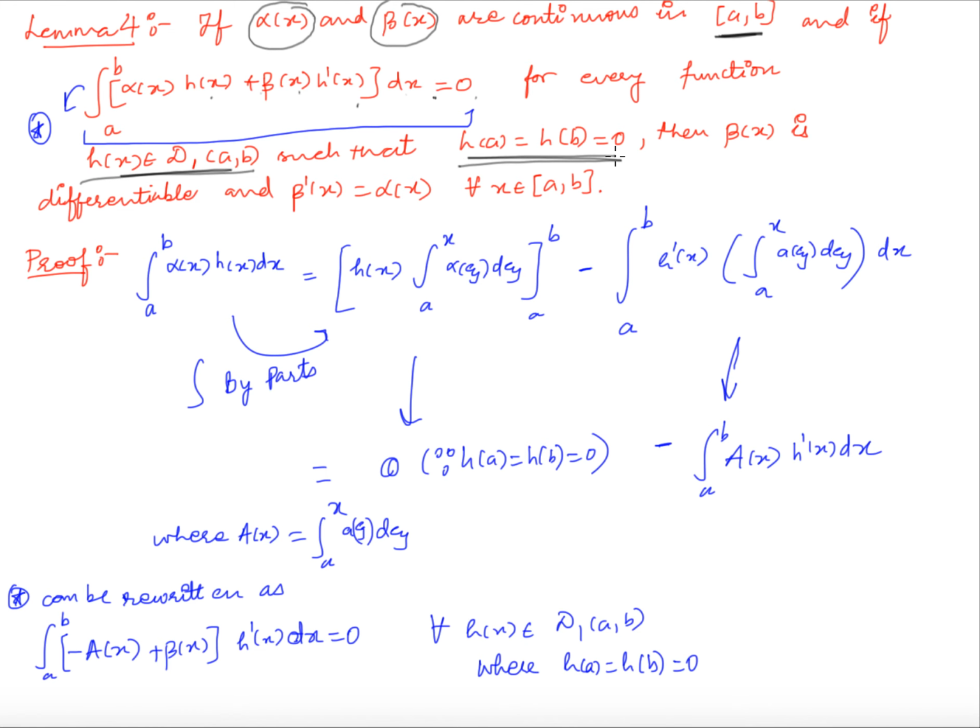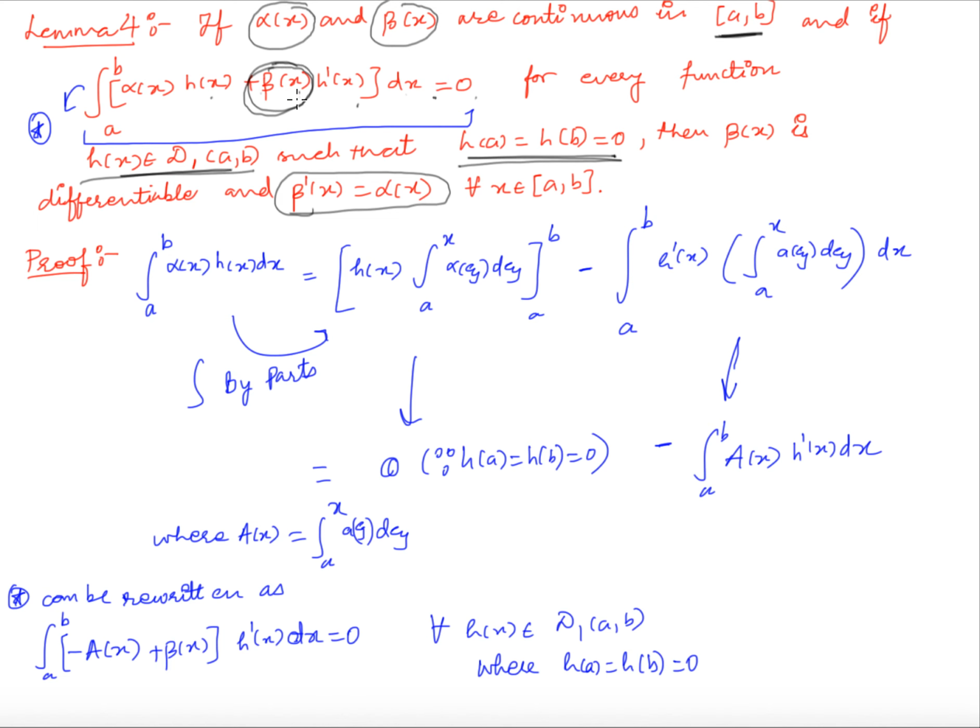Only continuity is required. So if h x is in the space D1[a, b] satisfying these boundary conditions such that this integral is equal to 0 for all such h x, then beta x is differentiable and its derivative is equal to alpha x. Let us prove it.